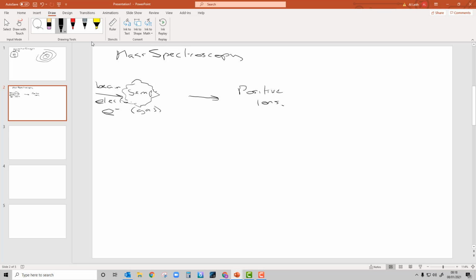So to give you an idea of that, let's pick on something called sodium. Now, sodium, as we all know, is the chemical symbol Na. So when you've got Na gas and you go to Na plus gas plus an electron, we've essentially ionized it.